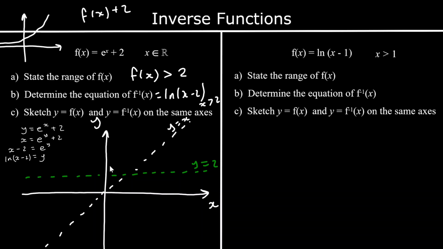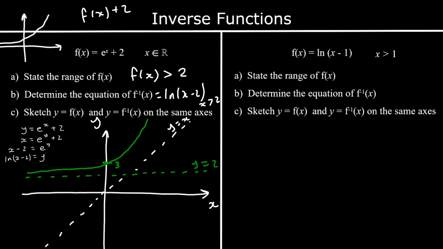And it usually crosses at 1, but it's moved up 2 spaces, so it's going to be at 3. So something like that. So that's our original.